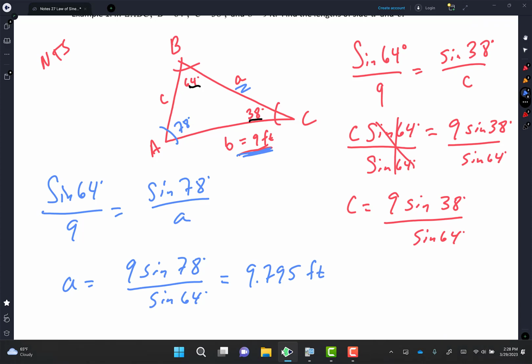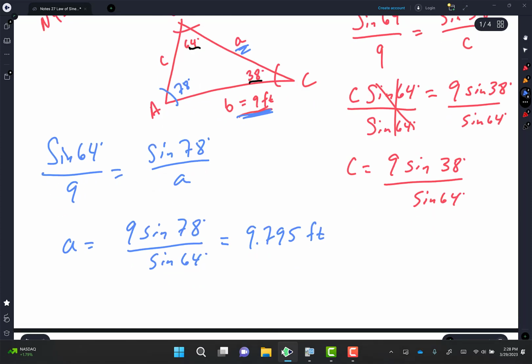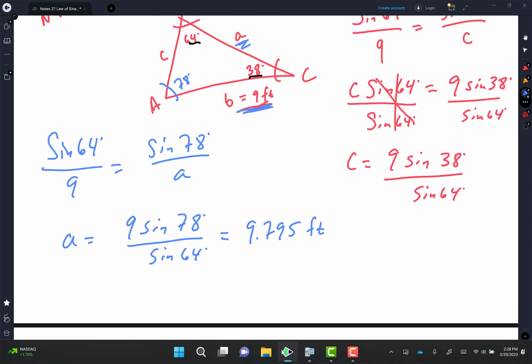Is there another way to have gotten this answer? Yes. I could have done law of cosines, like what we did last week. Do you guys remember that? So look, I want A, so the 78 degrees. Don't write this down, just listen. In a little bit, I'll let you write it down. You could have done this: A equals the square root of 9 squared plus, what was C?